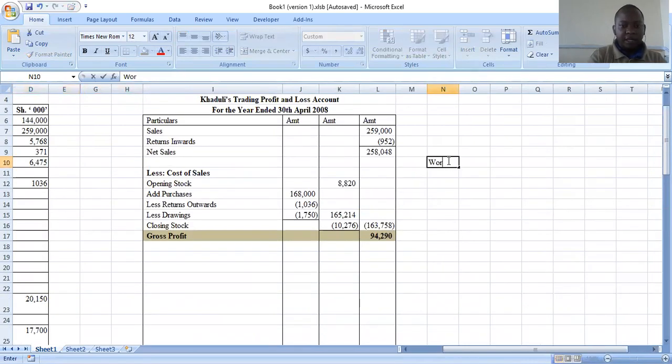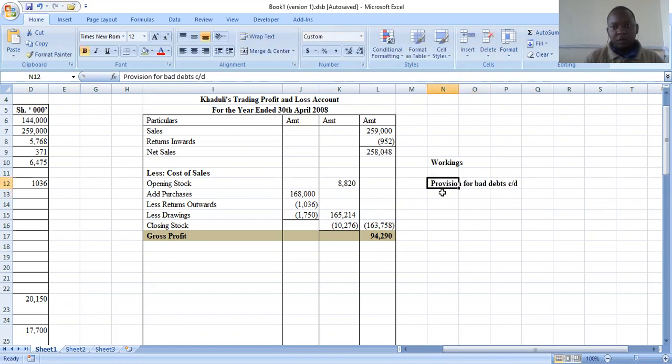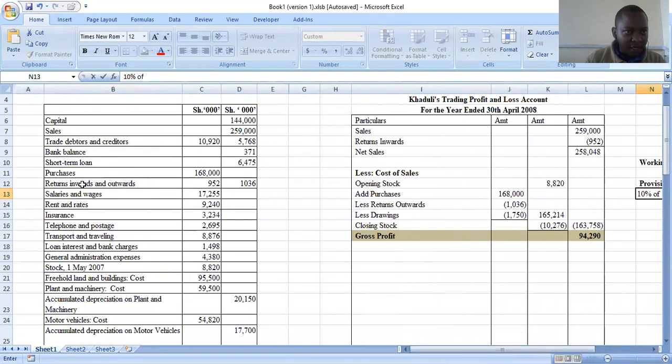So let me have a working here. Workings: provision for bad debts to be carried forward to the following year. We've been told it should be 10% of current debtors, of which the current debtors is how much?